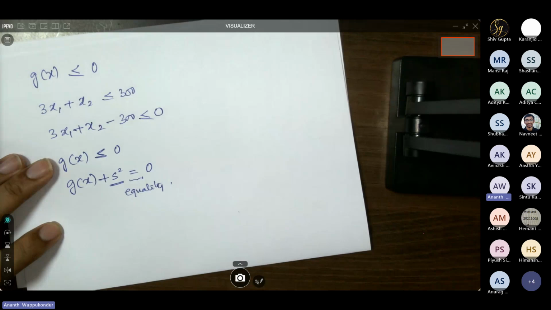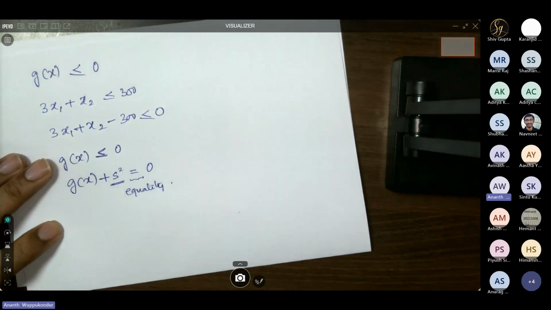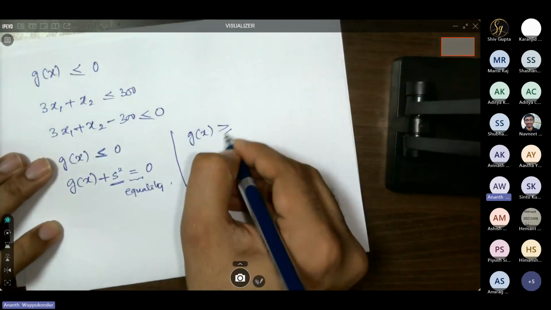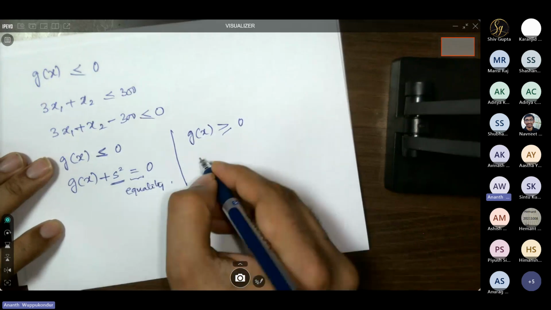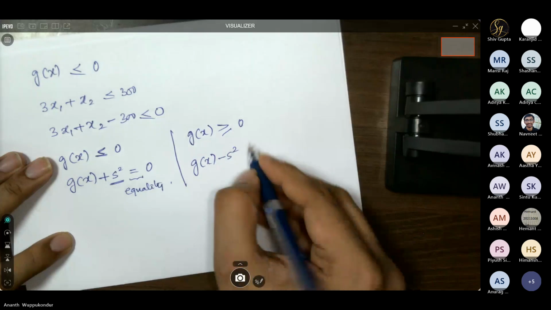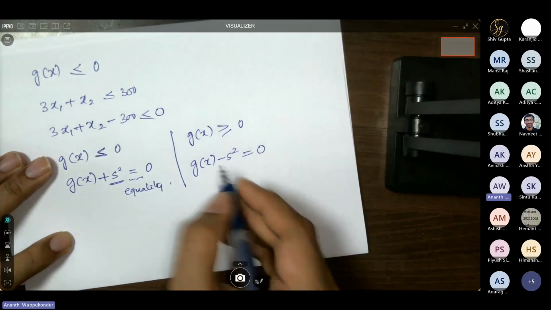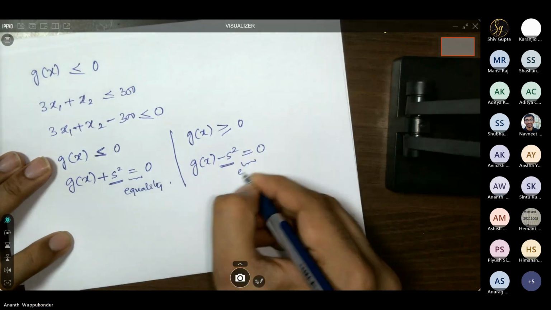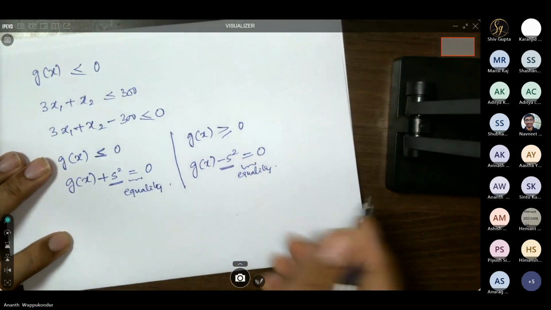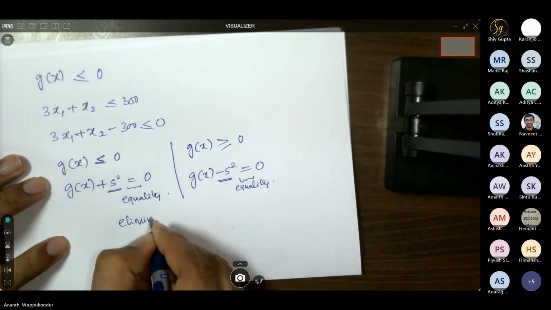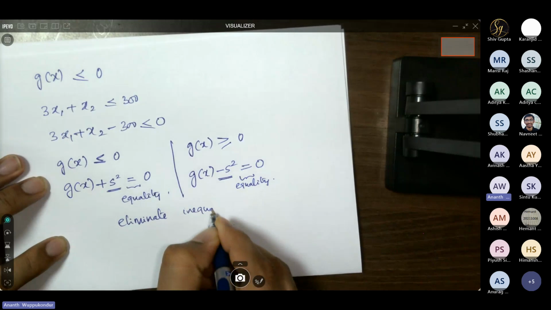So now my constraint has changed from inequality to equality. Or there could be a case where g of x is more than or equal to 0. In this case, what I can do is g of x minus s squared equal to 0. So here I have introduced minus s squared to convert this into an equality. So here we are trying to eliminate the inequality in the constraint.